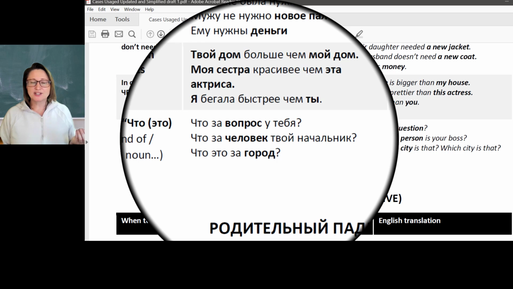Well, here we have the construction что за plus nominative. So за is a preposition. And usually nominative is never used with a preposition because preposition means some kind of a role in the context other than the subject. And за is such a versatile preposition, it really needs its own marathon, or at least its own video.